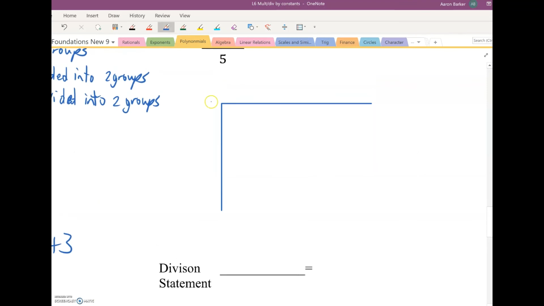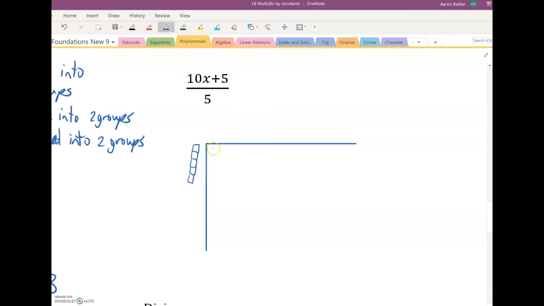Going back here, I have 5, 1, 2, 3, 4, 5. So 10x divided into 5 groups would be 2x each group. So there's 1, 2, 3, 4, and 5.